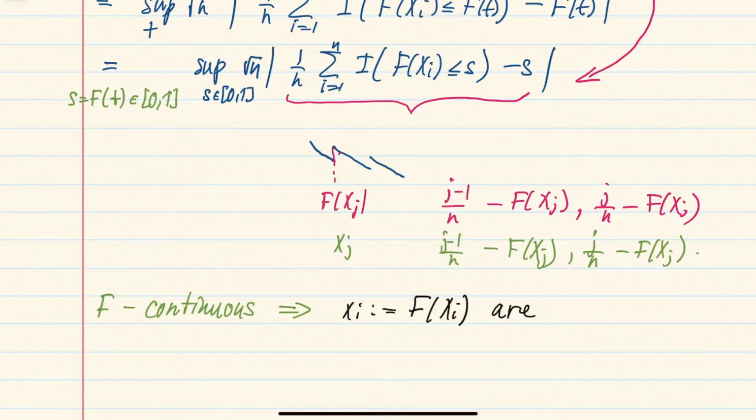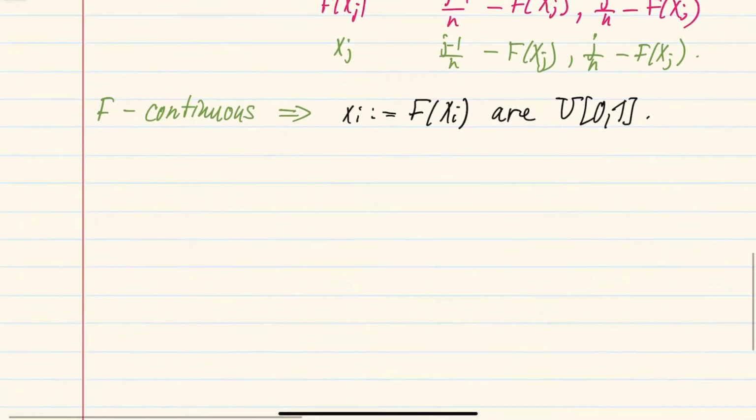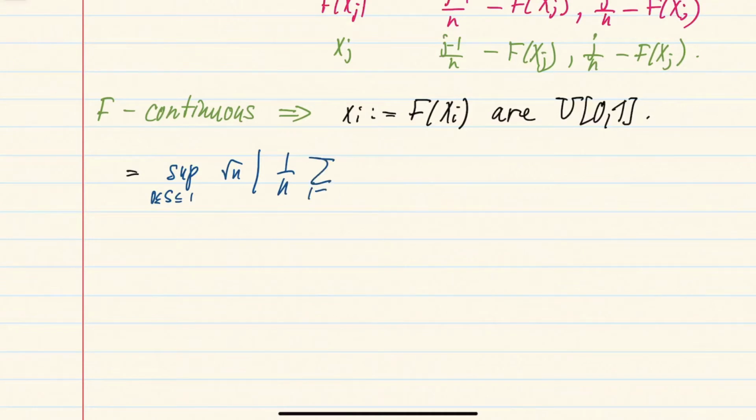So they have uniform distribution on 0, 1, right? And so the above supremum now can be rewritten as the supremum over s on 0, 1 of the same expression as above, except now, instead of f of xi, we'll write xi, and these xi are now uniform on 0, 1.